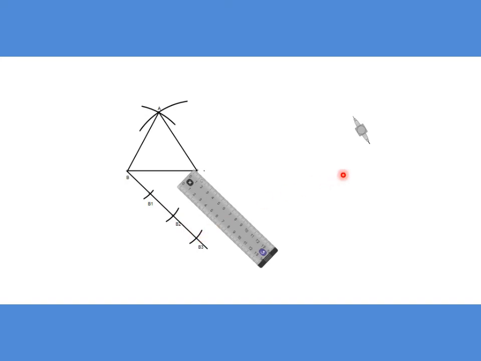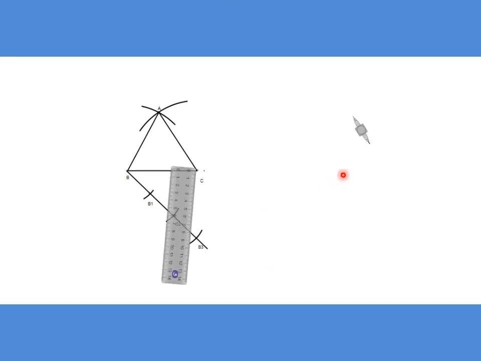Next, in our fraction 2 by 3, the denominator is 3. So we join the vertex C with B3, because the denominator is 3. That's why we are joining the vertex C with B3.